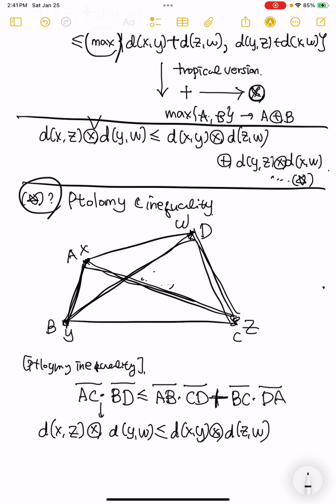Then the tropical sum, BC is dyg, and lastly DA is dxw.